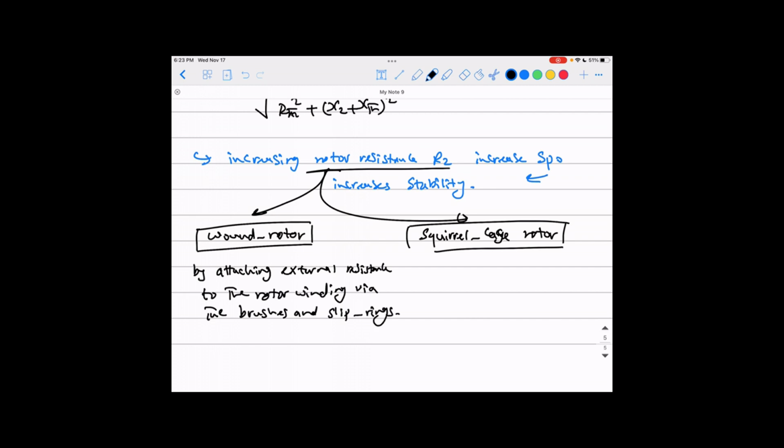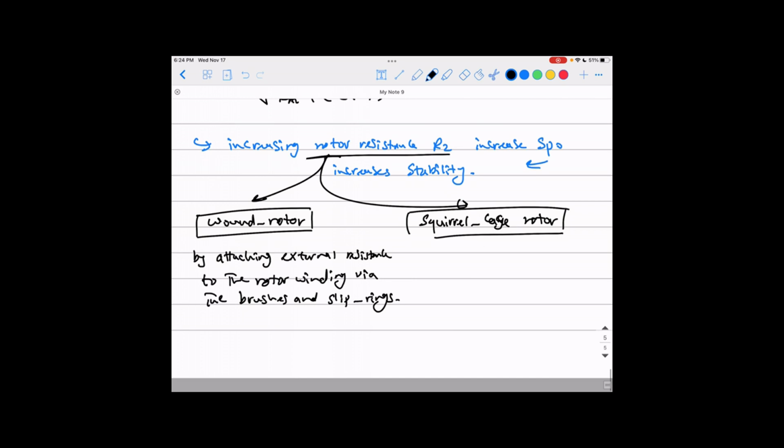Remember when I talked about the construction of a wound rotor machine, that your rotor windings are just regular wound coils, and you have their terminals attached to slip rings, and you have brushes, so you can actually access the rotor circuit, and that is the very big advantage of the wound rotor machine. So you can increase the rotor resistance by having an external resistance and attaching it to those brushes and slip rings, and now you have a bigger resistance of the rotor, and this will give you a higher SPO, and this will give you higher stability.